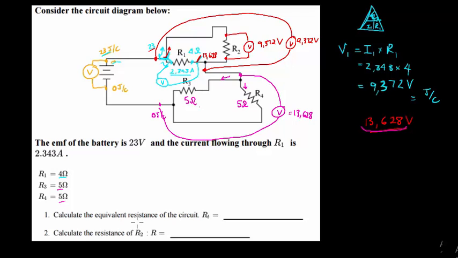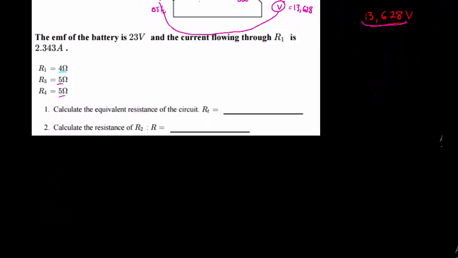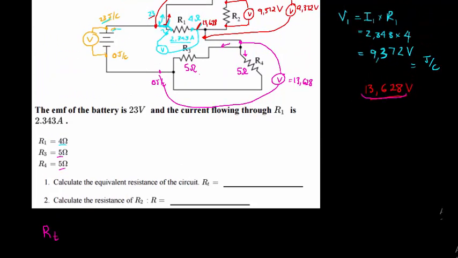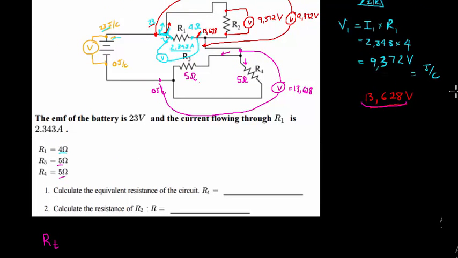Now, equivalent resistance just refers to the total resistance in the whole system. Total resistance you can do in a number of ways. You can just add up all the resistors, but because we have parallel branches, it might be a little bit more difficult.